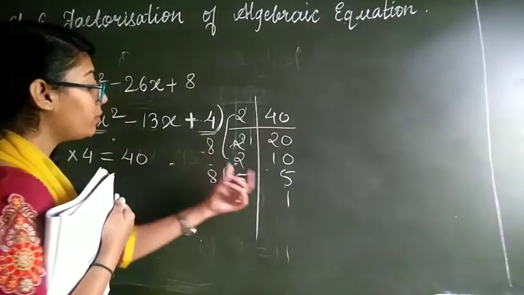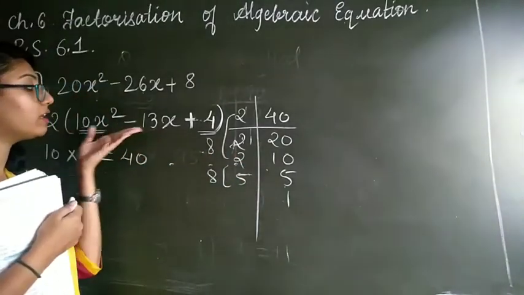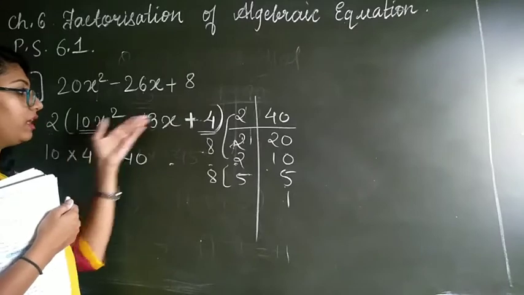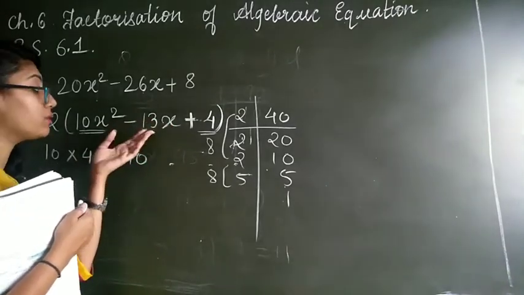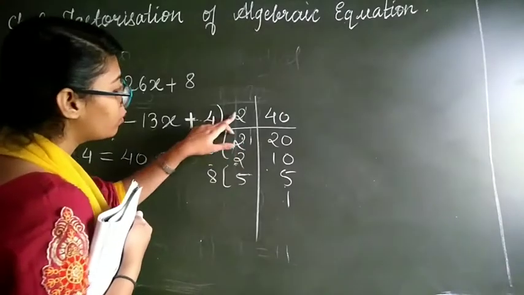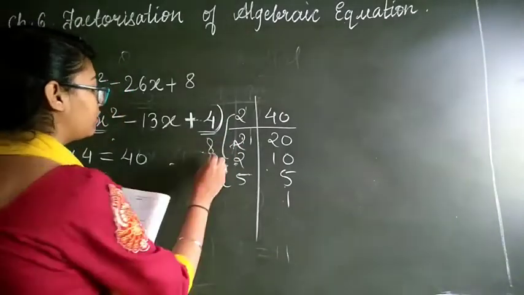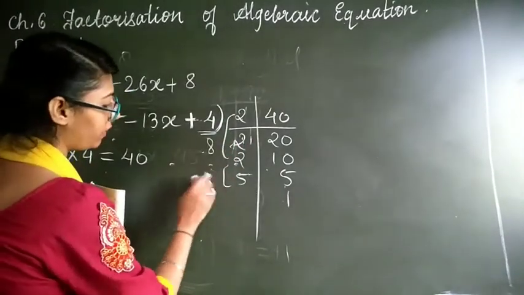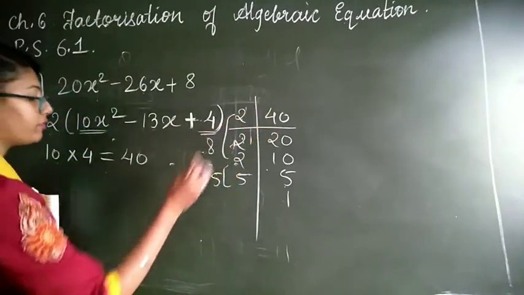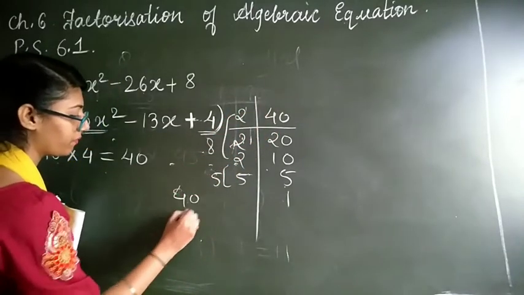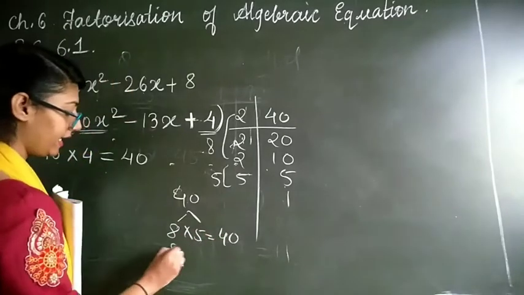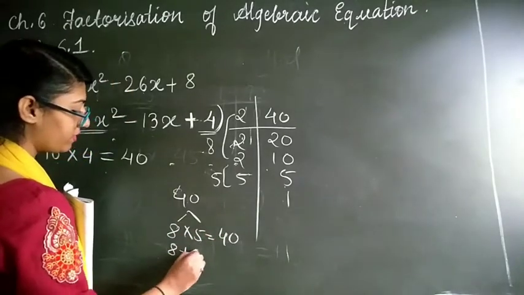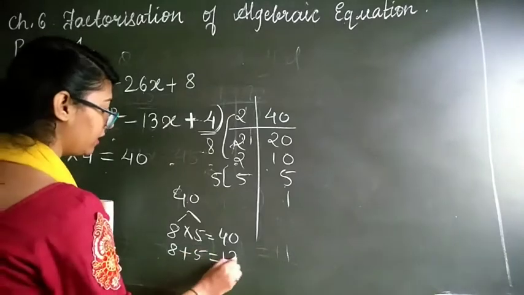See, we want the middle term should be minus 13 according to our new equation. So 2 2s are 4, 4 2s are 8. So 8 into 5, 8 5s are 40, right? 8 into 5 will be 40 and 8 plus 5 will be 13.